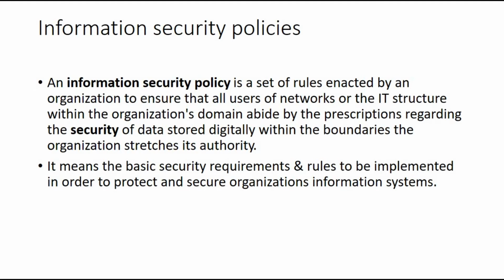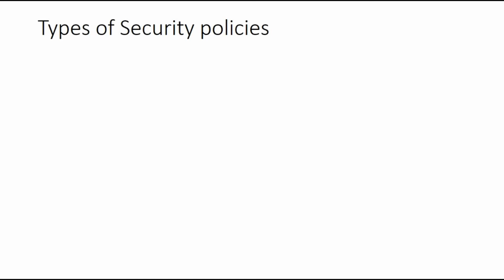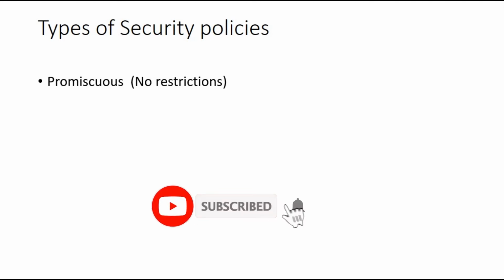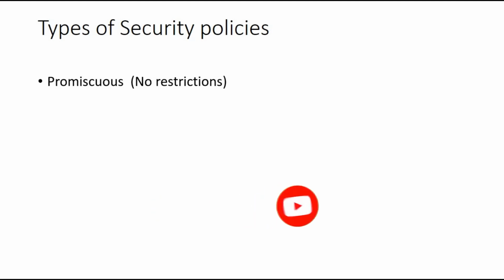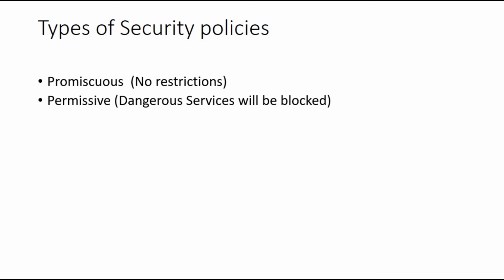Now the next one we have is types of security policies. The first one is promiscuous policy. In this, there is no restriction on use of system resources. So if anybody is using the system resources, there is no restriction. The second one we have is permissive. The policy begins wide open and only known dangerous services, attacks, or behaviors are blocked.